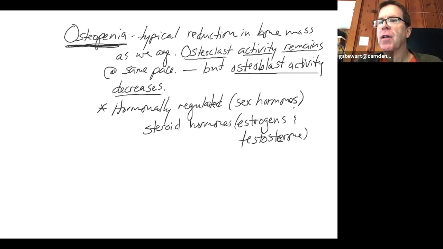As we age, the production of these hormones in the body decreases. And these hormones tend to not only help increase osteoblast activity, but they also keep osteoclast activity at bay.